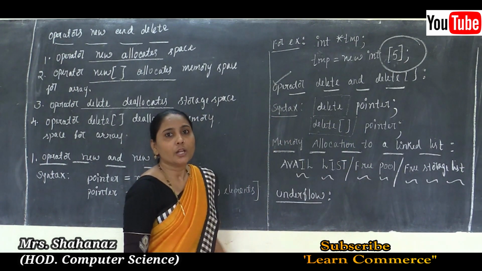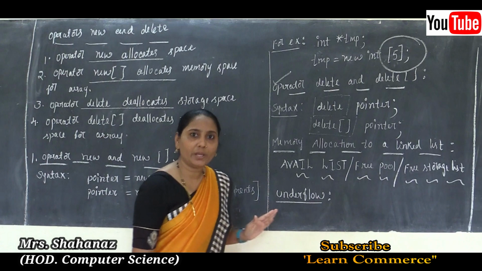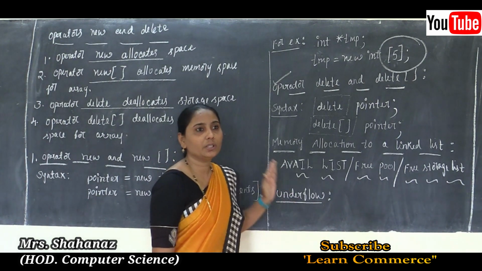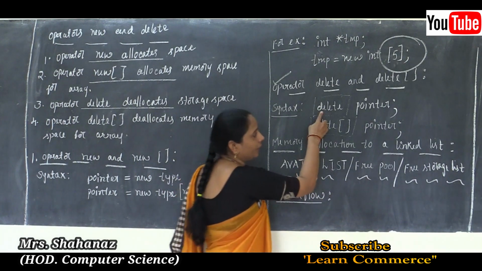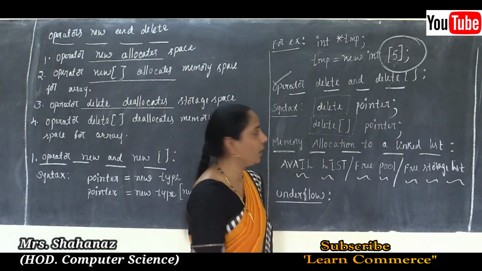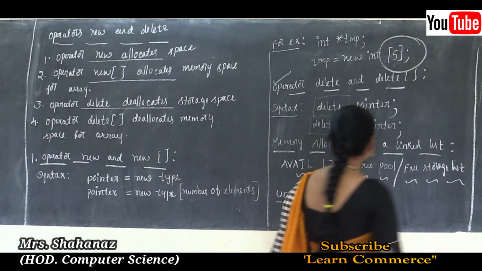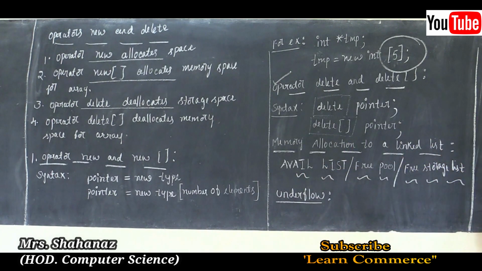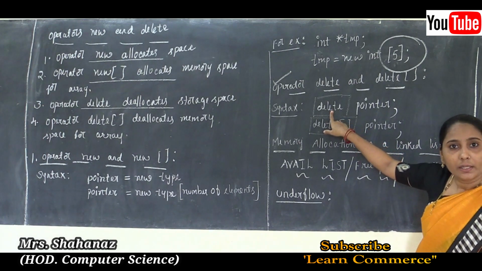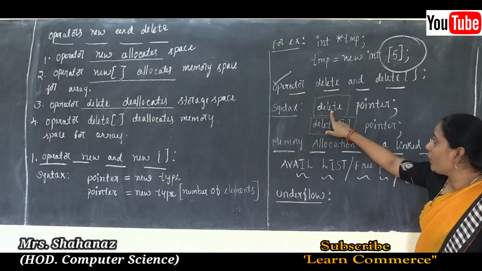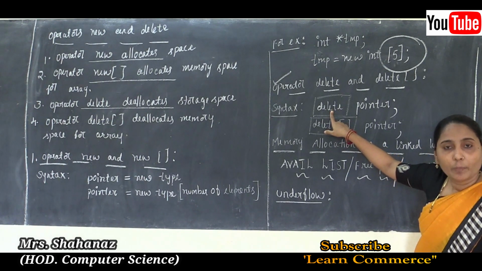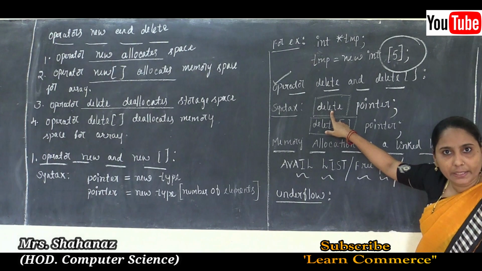So simply, C++ uses the operators delete pointer and delete size pointer. The first statement releases the memory allocated using new by using the operator delete.